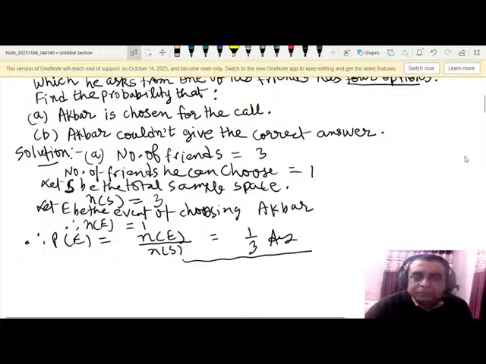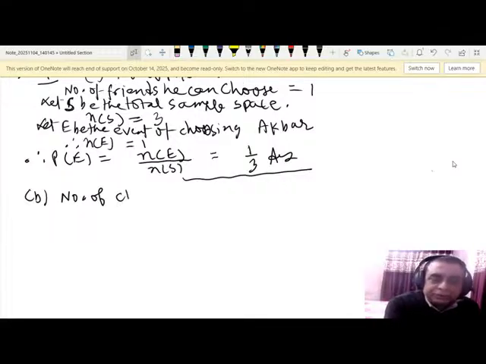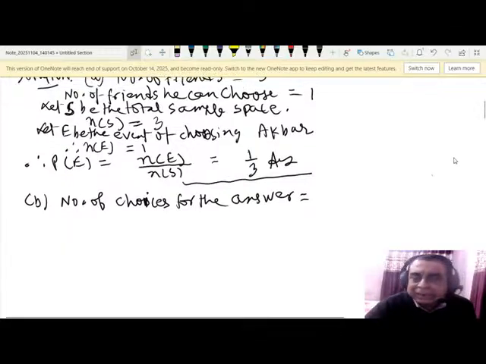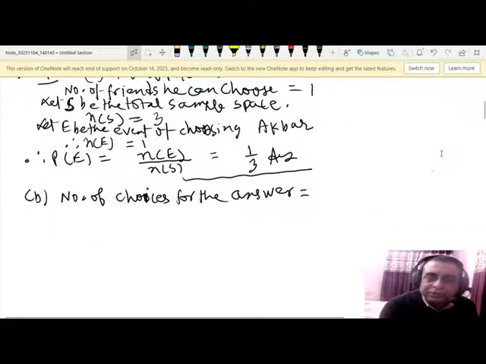Now part B. Akbar couldn't give the correct answer. What is the probability? Number of choices for the answer: in the question we are told that there are four options for the answer, so the number of choices for giving the answer is four.